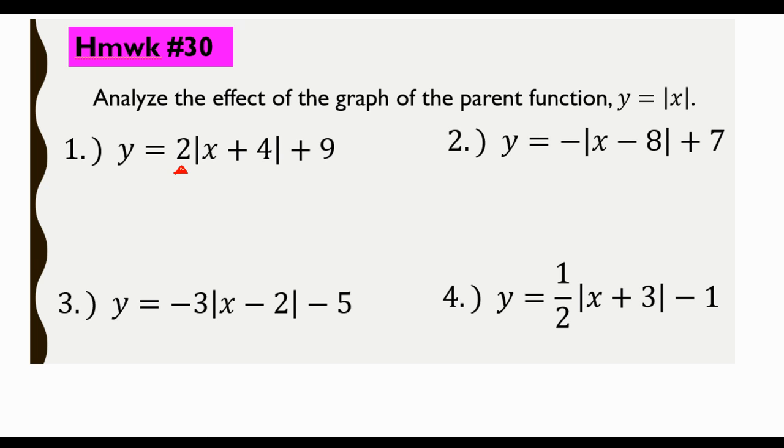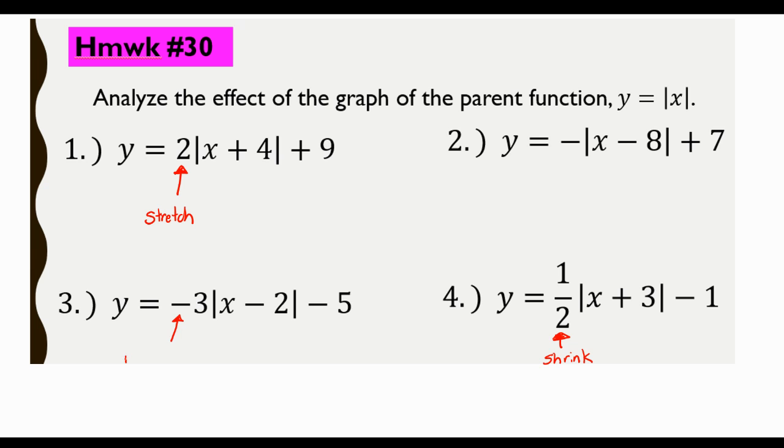Okay, so for this one, it's either a shrink or a stretch. Since it's a regular number, then this is going to be a stretch. So that means when I come over here to the fraction, this is going to be a shrink. Then I have this negative.